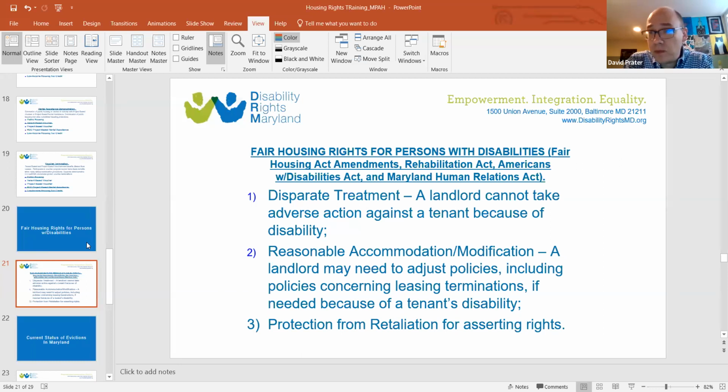Sometimes, I still hear it, we'll hear landlords say, well, the person is too disabled to continue to live here, and so we're going to evict them. That's disparate treatment and unlawful.